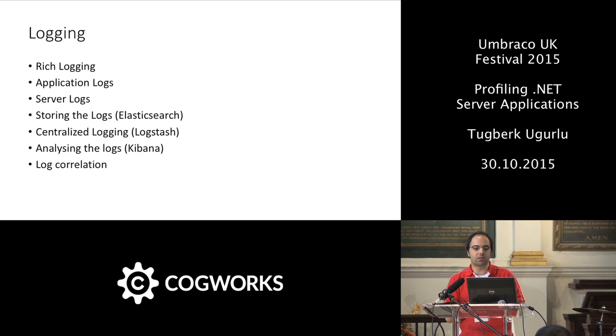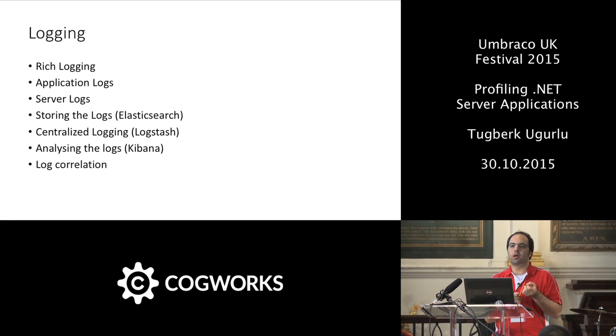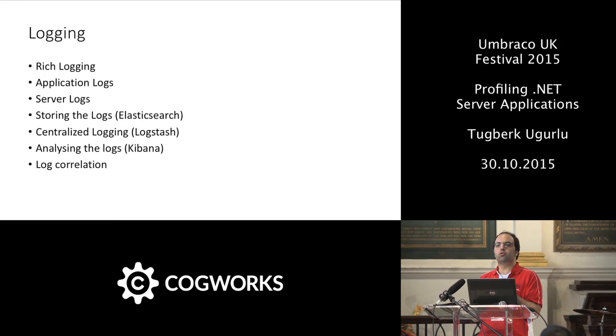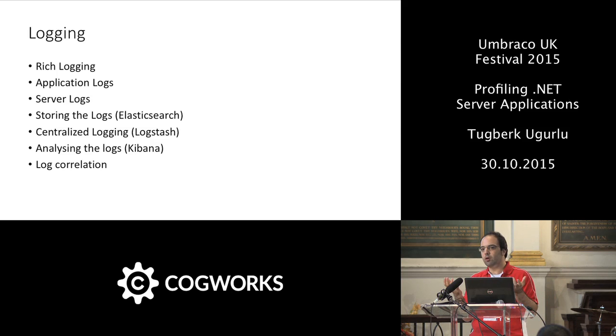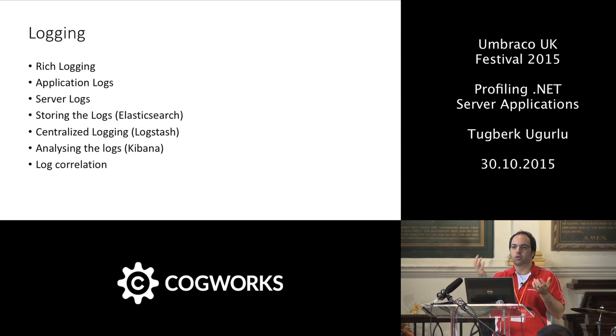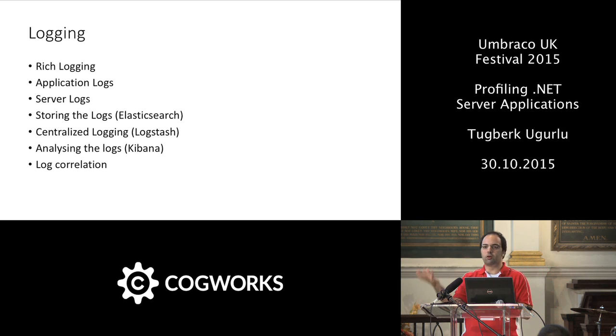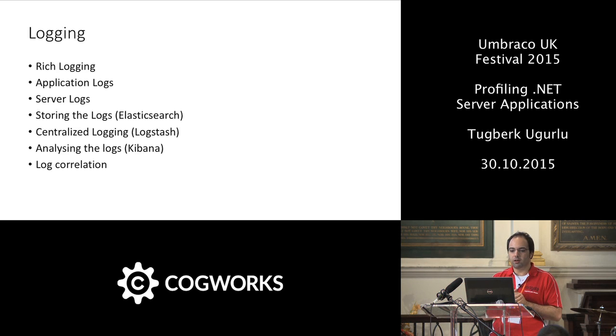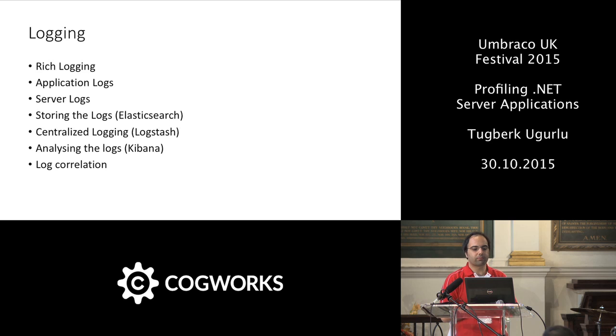So logging is one of the critical things that you need to do if you have a server application, because you cannot go inside it and look at it. I mean, we all know that we can do that. We can remote desktop into it, but it is not that cool. Looking at the logs in a shiny dashboard is way better than just RDPing into your machine.